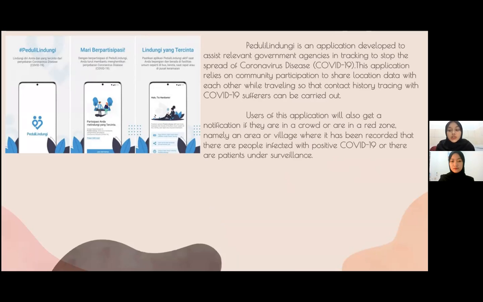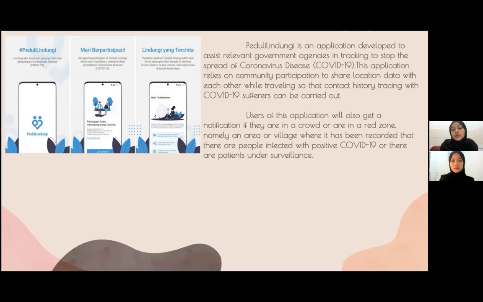Users of this application will also get a notification if they are in a crowd or are in a red zone, namely an area or village where it has been recorded that there are people infected with positive COVID-19 or there are patients under surveillance.